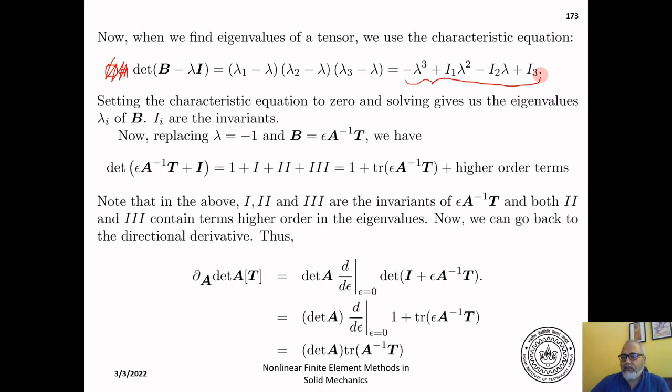We are not interested in doing that. We just are interested in this identity that determinant of B minus lambda I is equal to this quantity.